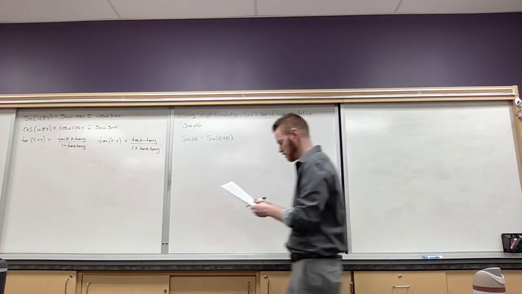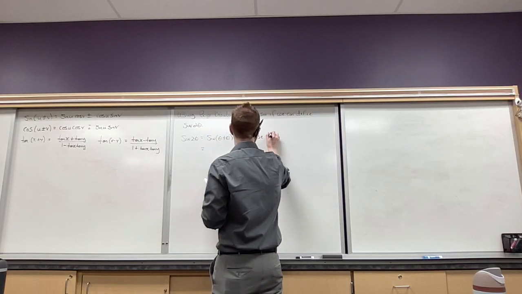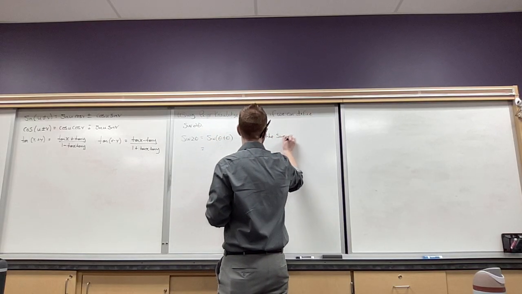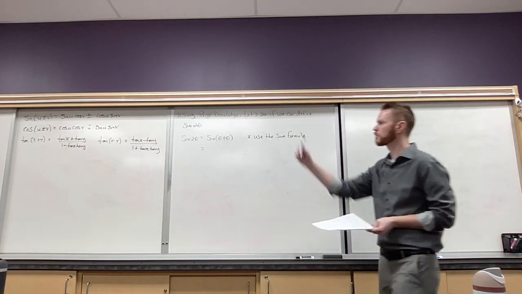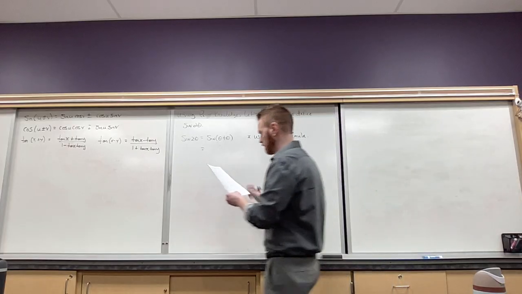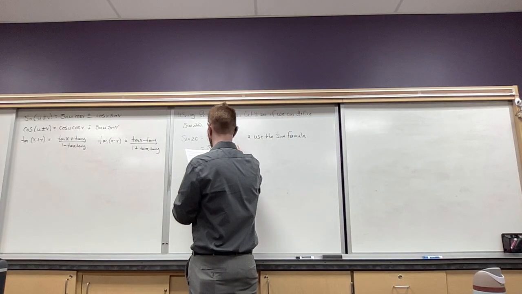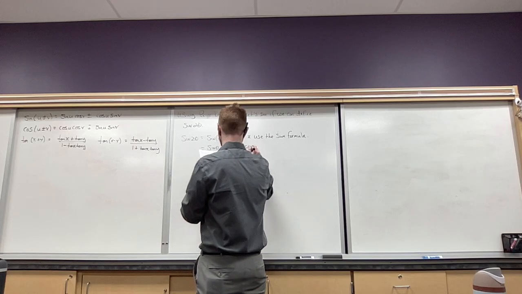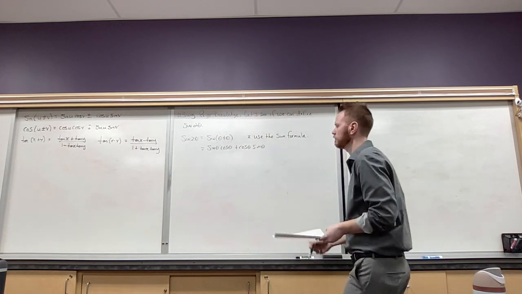All right, so I'll put over here, we're going to use the sum formula. That's the very first one I wrote up at the top of that board. So this is going to look like the following: sine of theta, cosine of theta, plus cosine of theta, sine of theta.